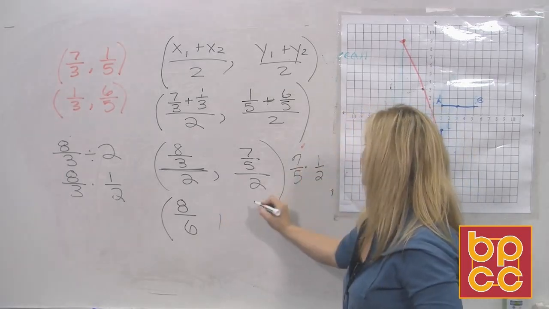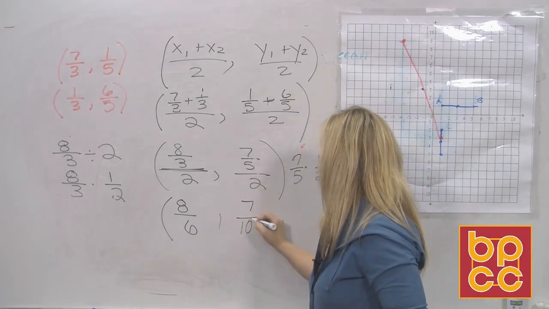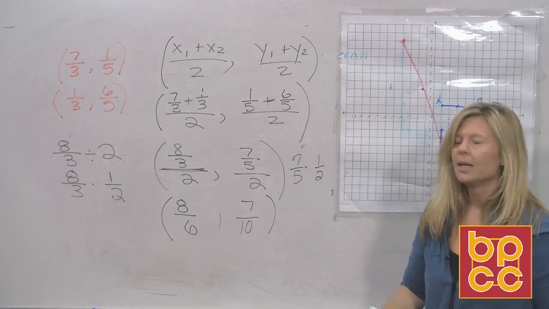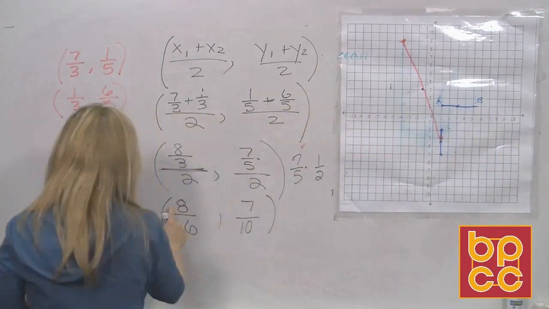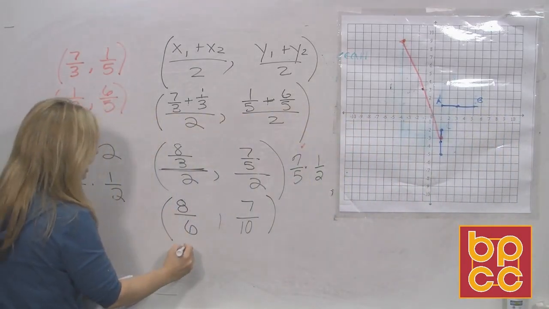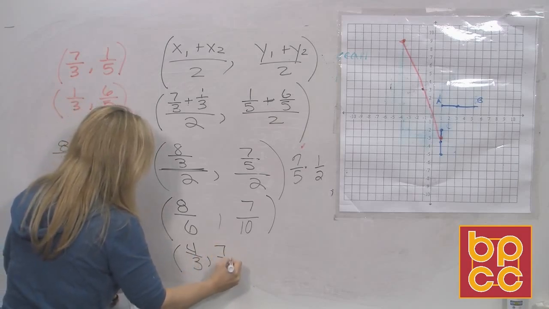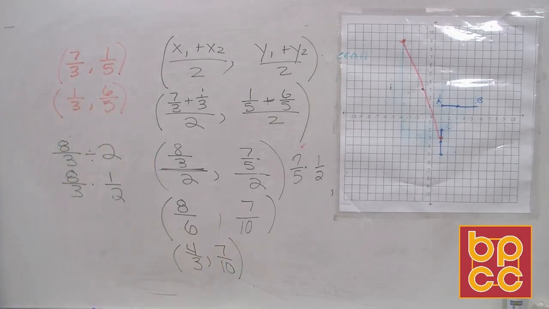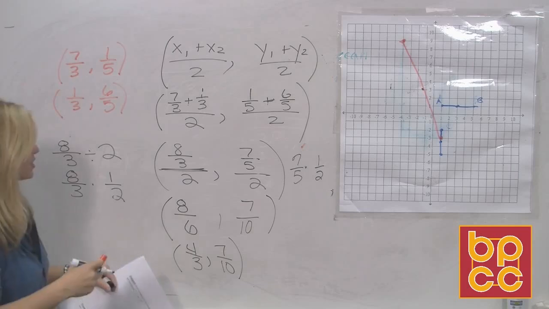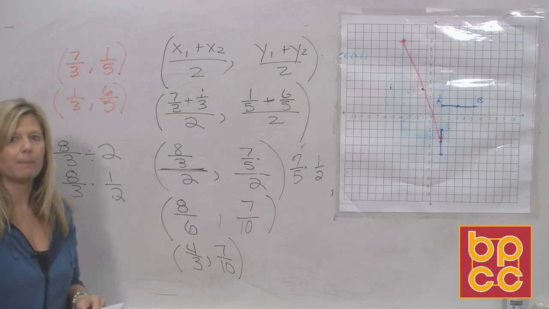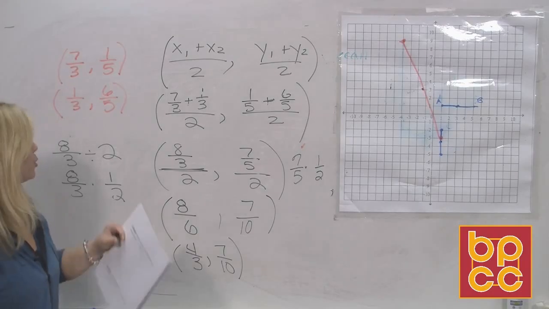And then you'll get 7 times 1 is 7, 5 times 2 is 10. Now that's still not acceptable because 8/6 is improper, can be reduced. You can divide by 2 and get 4/3. This point, (4/3, 7/10), would be the midpoint, the point in the middle, if you could graph these.